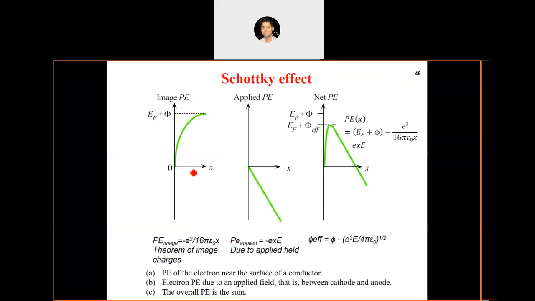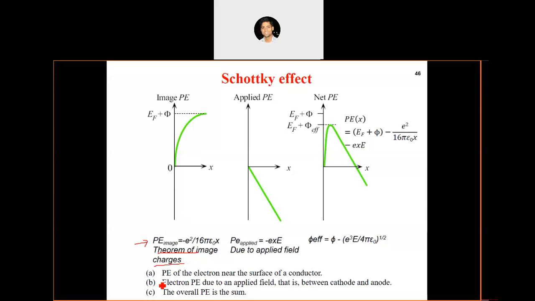Let us say we have an electron at a distance x from the surface. The potential energy of the electron can be defined by the theorem of image charges. The statement of the theorem is: the force on an electron at a distance x from the surface is equivalent to having a charge of the same magnitude but opposite sign within the material at a distance of 2x.